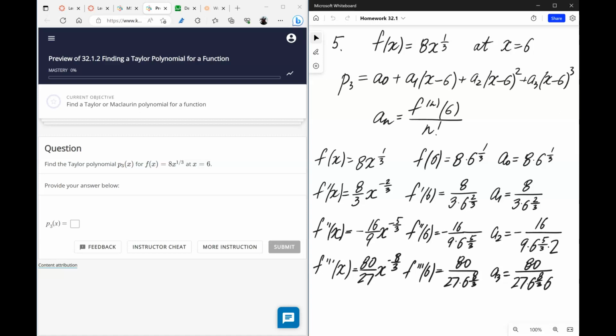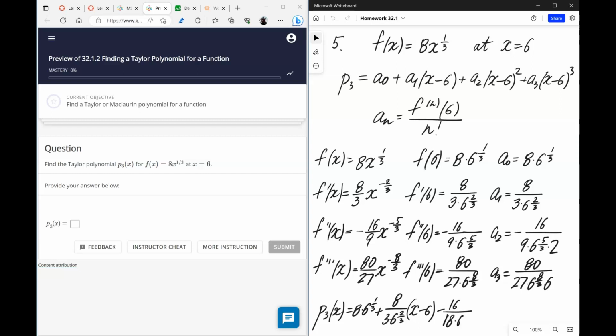So the Taylor's polynomial of degree 3 here will be this. And in applications we would normally estimate all of these inputs and write them in decimal form.